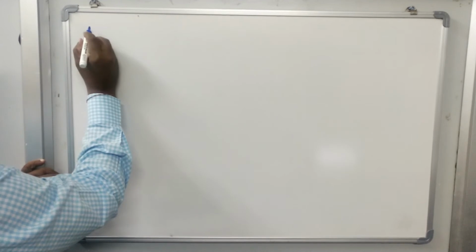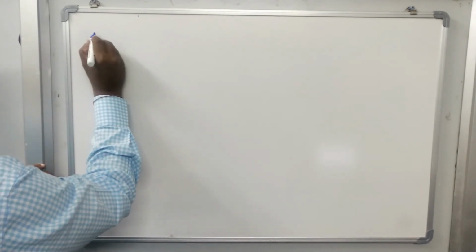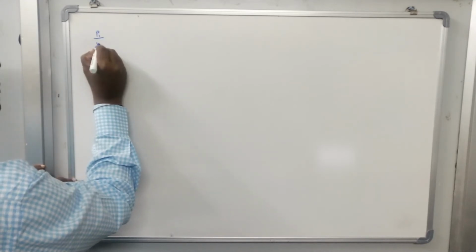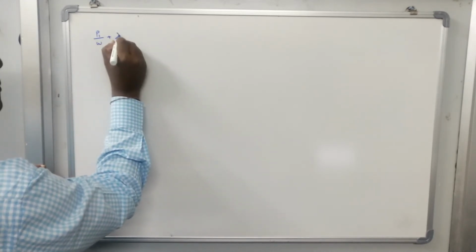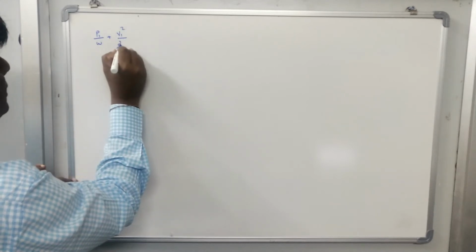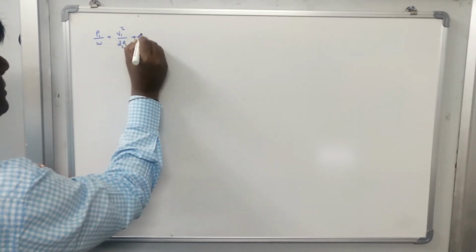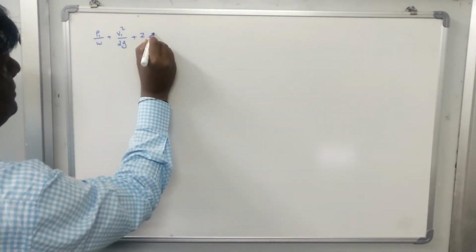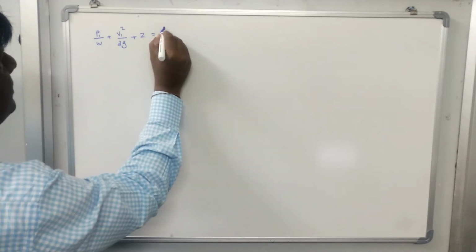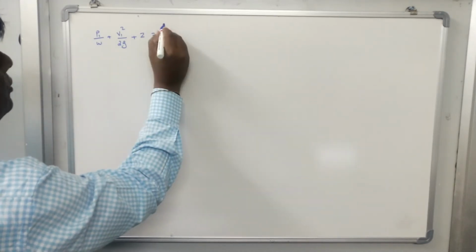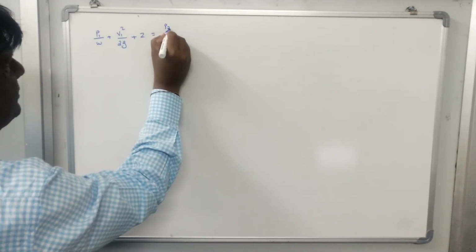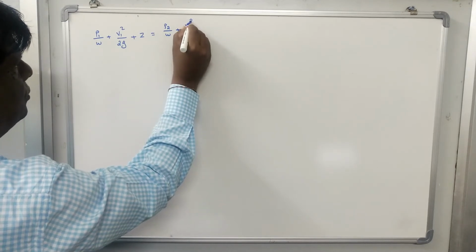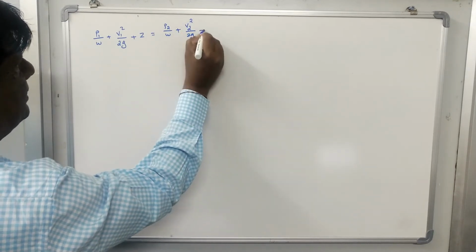At section 1-1 the energy head is P1 by W plus V1 square by 2G plus Z1. This is equal to the energy head at section 2-2, that is pressure head at section 2-2 plus velocity head at section 2-2 plus datum head.